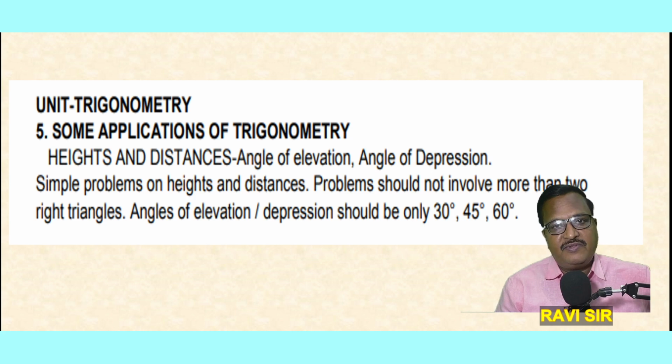It is also one of the easiest chapters. Everybody should do it. From this chapter 7 marks will come. Only one concept, 7 marks. If you prepare it well, you will definitely get 7 marks. So when you are preparing, keep this in mind.